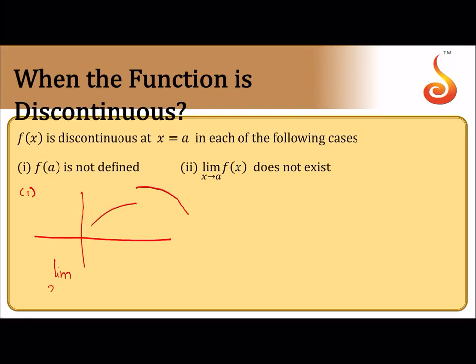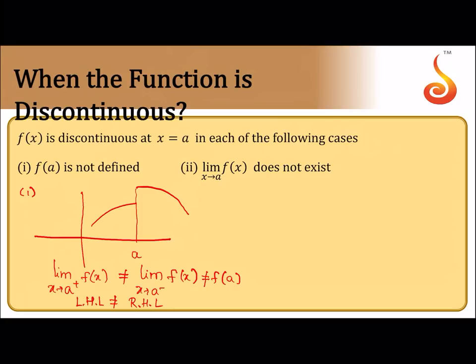Like this if we talk, suppose this is the point a, limit x tending to a plus f of x is not equal to limit x tending to a minus f of x. So the left hand limit is not equal to the right hand limit.